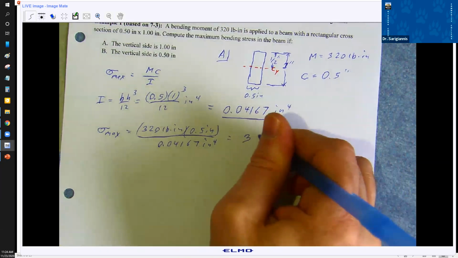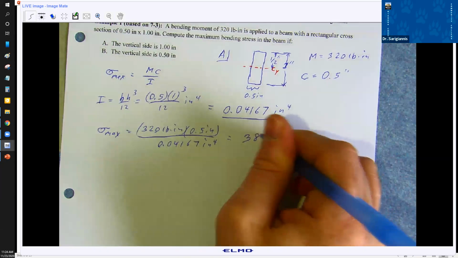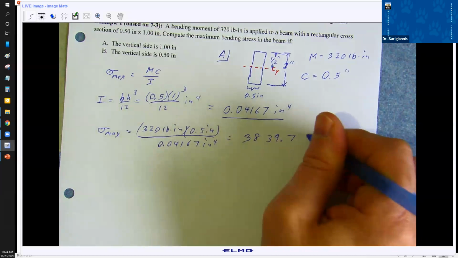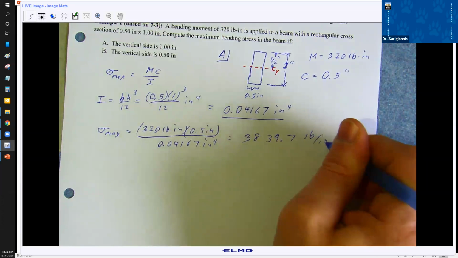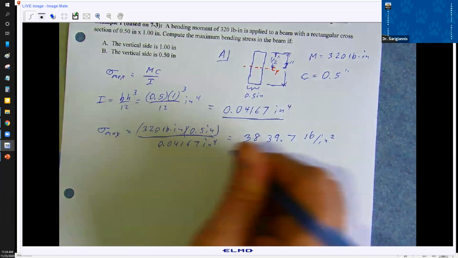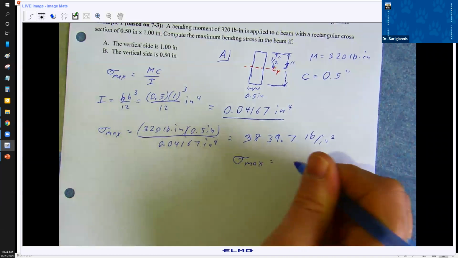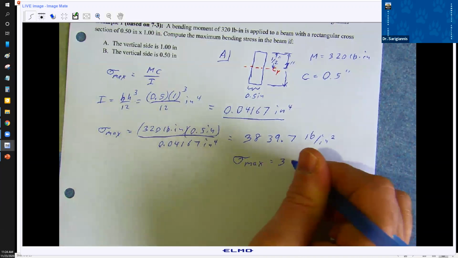And we wind up with 3840 pounds per square inch, which I'll round.